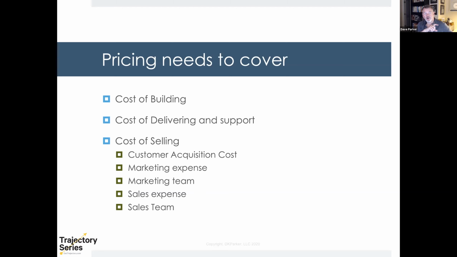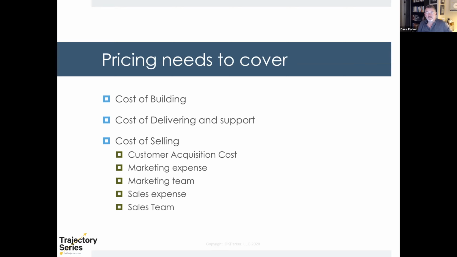Now, if you have a SaaS product, it's going to get paid for over years on a monthly fee, but the price still has to be high enough to cover those costs in a reasonable time frame. My cost of supporting and delivering it includes my AWS services, my Azure credits, my technical support. So phone support, chat support, all of those costs have to be included in it.